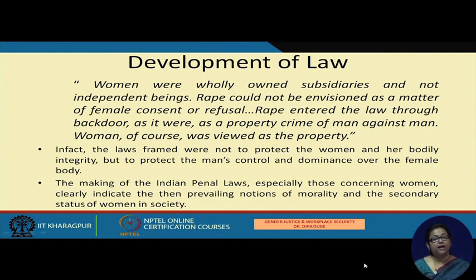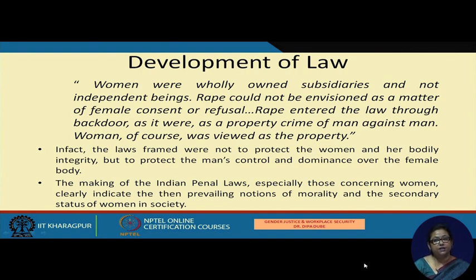So, there have been a number of judicial decisions over the years which have constantly tried to emphasize this individuality of the person.